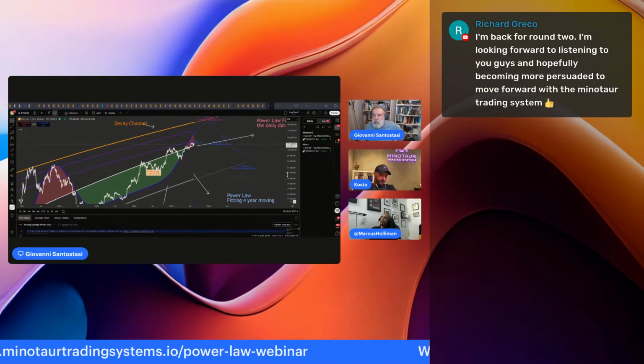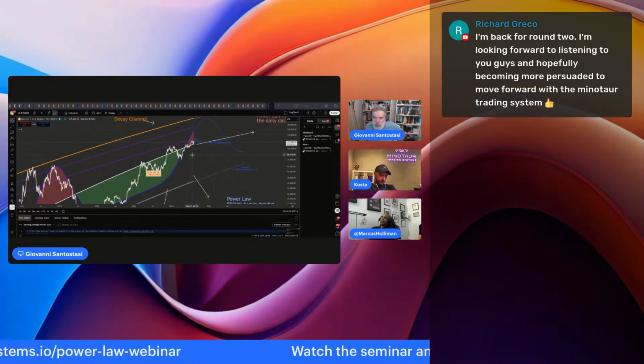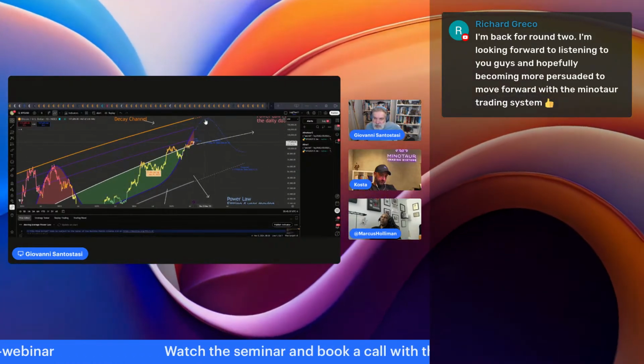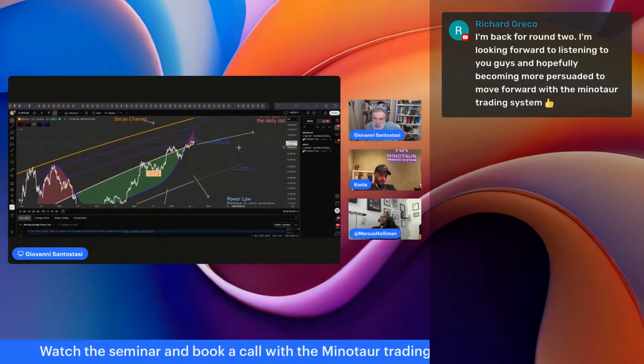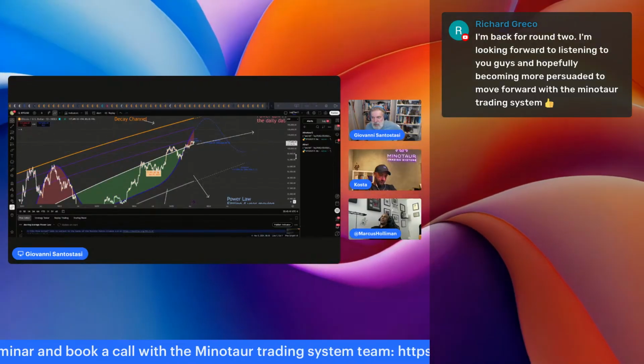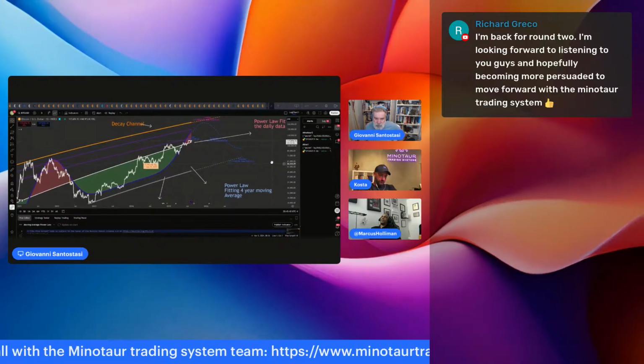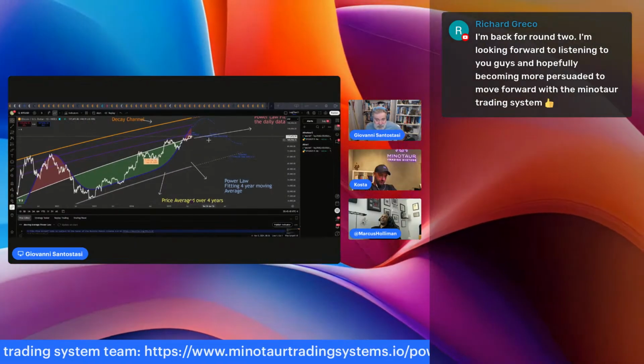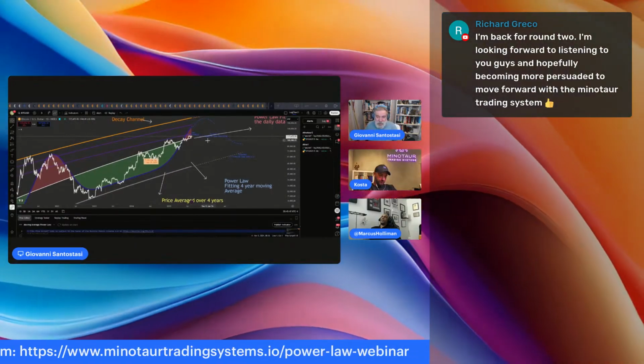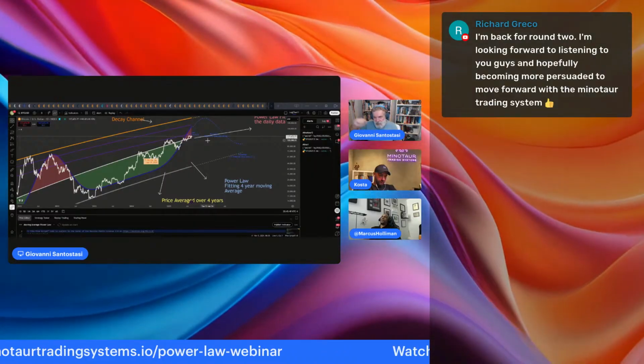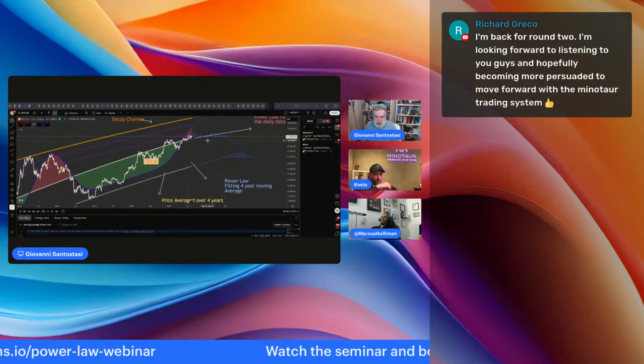This particular cycle, if it followed the others, should behave like the blue line. It doesn't. But this is not a failure of the power law model, because the power law model, if anything, is becoming stronger and stronger, because anytime we actually deviated, that was a challenge to the power law, right?